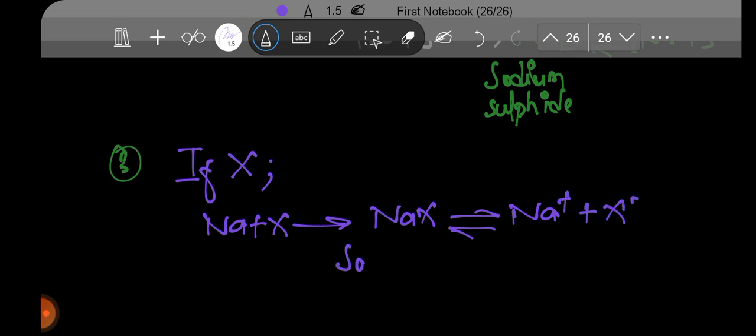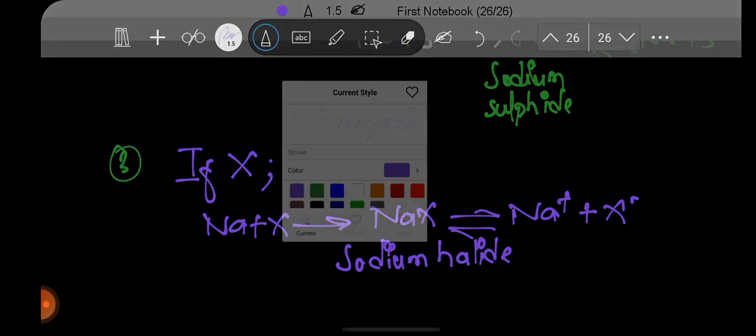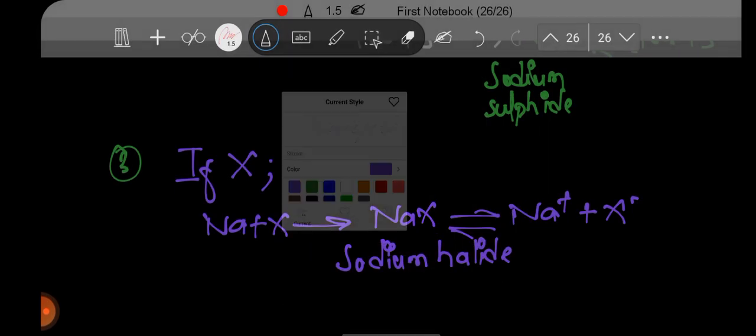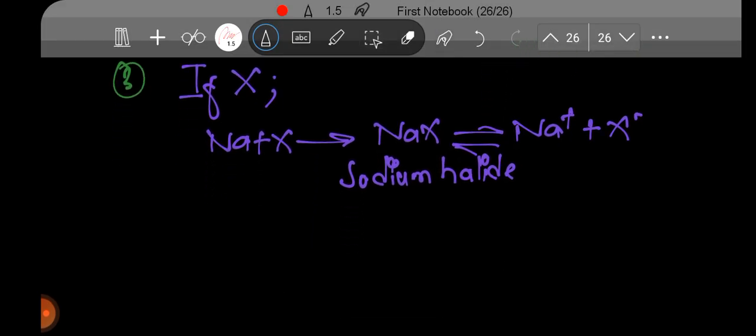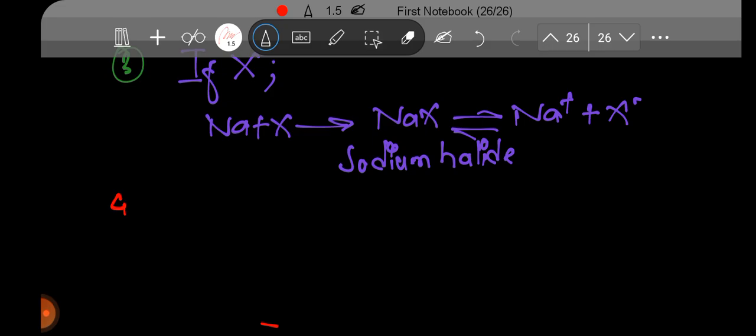This is sodium halide. Likewise, one main reaction we include is, if we shall consist of nitrogen plus sulfur, then what is the result?